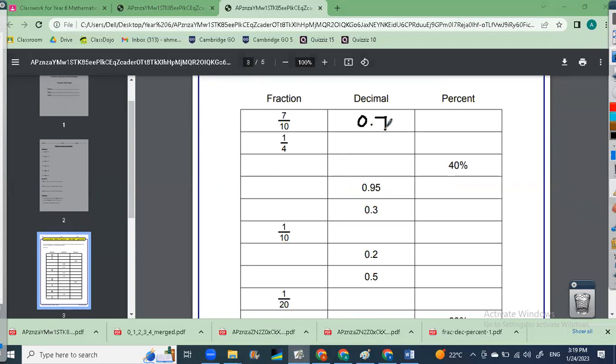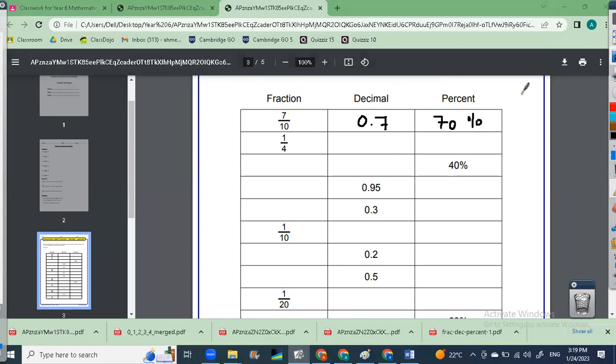What is 7 in the tenths place? It is 0.7. But if you want it as a percentage, it's going to be 70 out of 100 because the percent is out of 100. So it's going to become 70%. I recommend you watch this for explanation, then you answer the rest of the questions on your own.